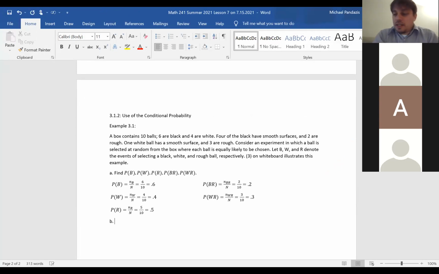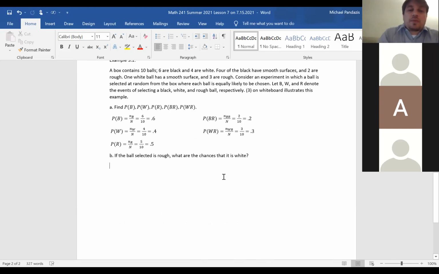In part B is this question. If the ball selected is rough, what are the chances that it is white?